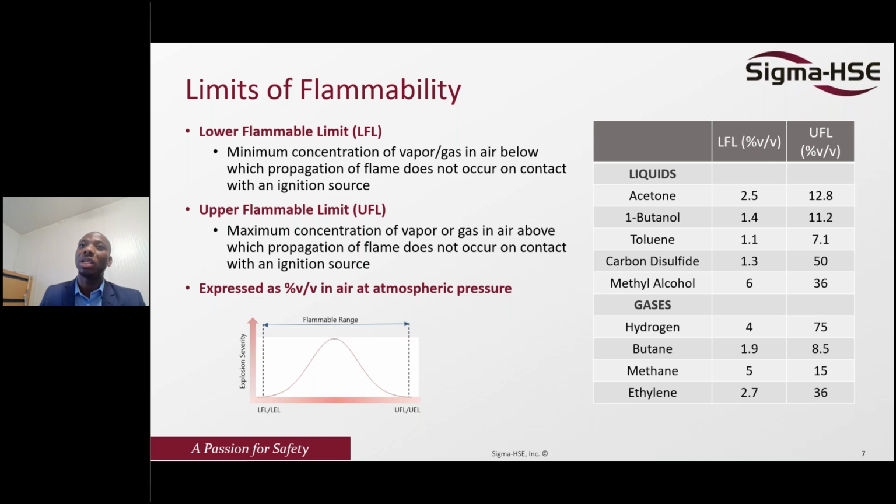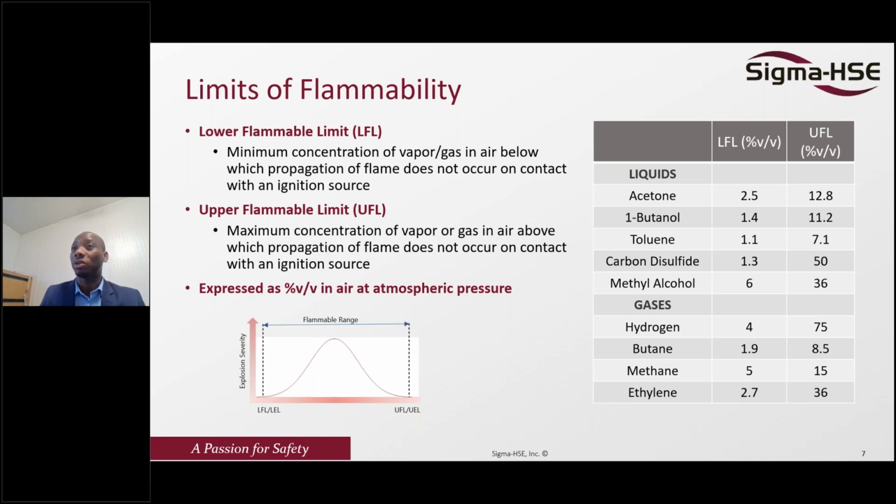So this is something that we need to understand. Below the lower flammability limit, you are not going to get ignition. Above the upper flammability limit, you are not going to have ignition or combustion. In between them is where you can have ignition, and there are several parameters that can interfere with the flammability range, such as oxygen and addition of additives.